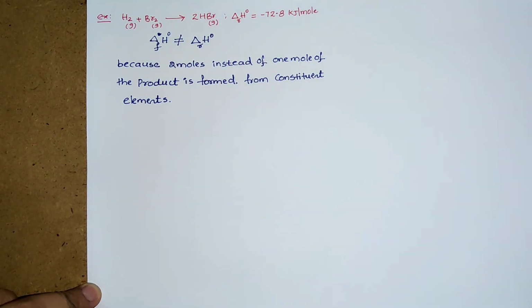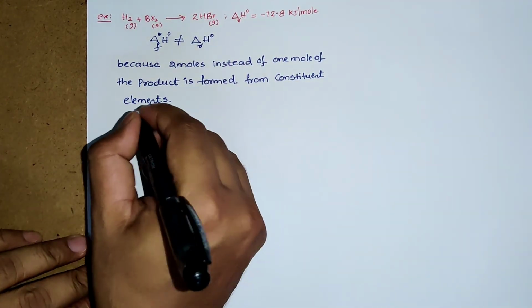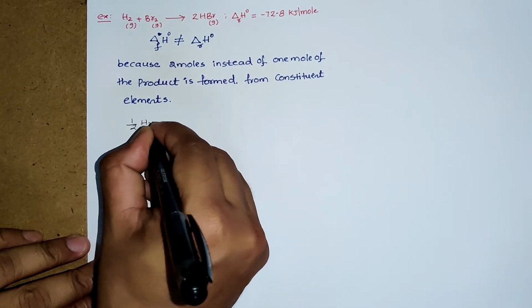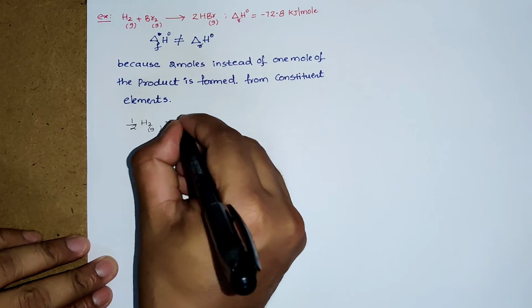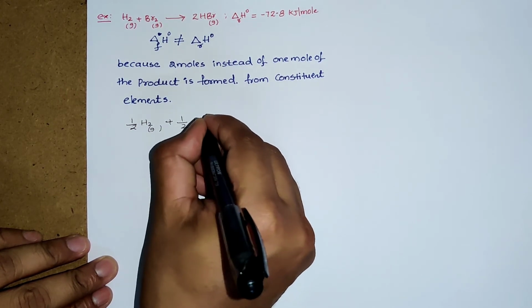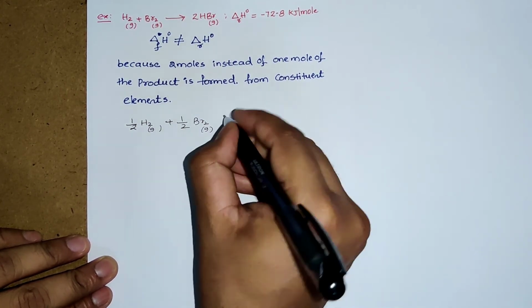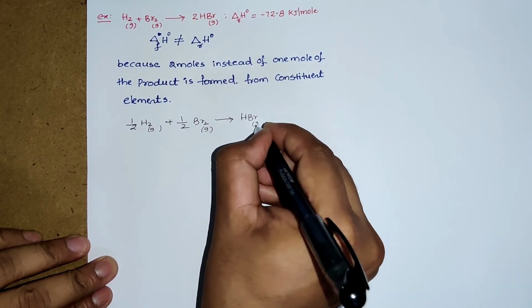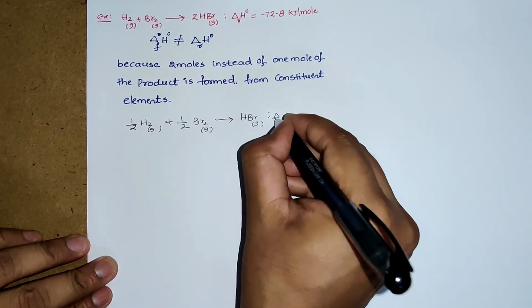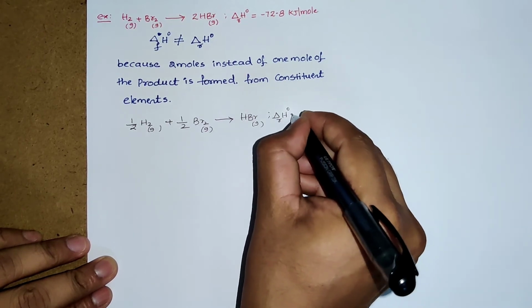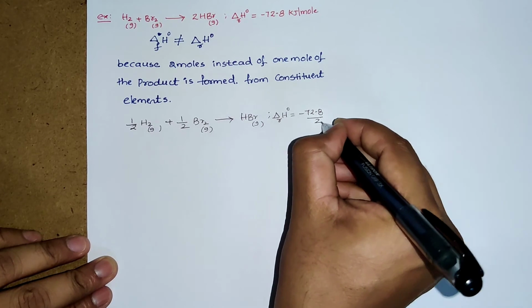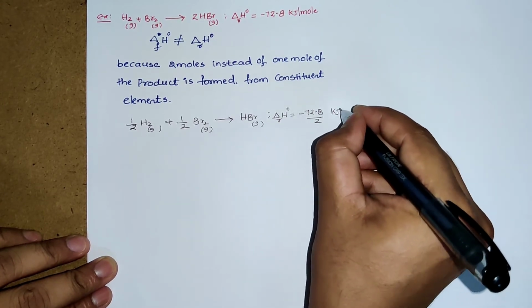So the obtained equation is 1/2 of H2 gas plus 1/2 of Br2 gas gives HBr gas. Then the enthalpy of reaction delta rH naught is equal to minus 72.8 divided by 2 kilojoule per mole.